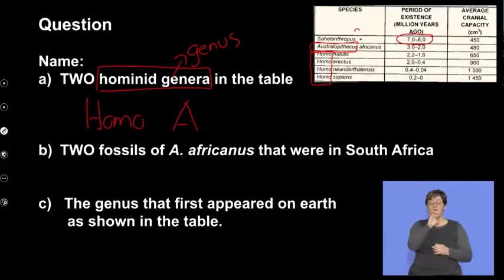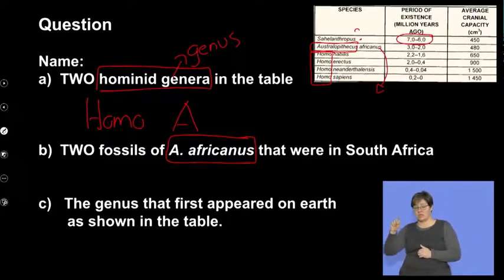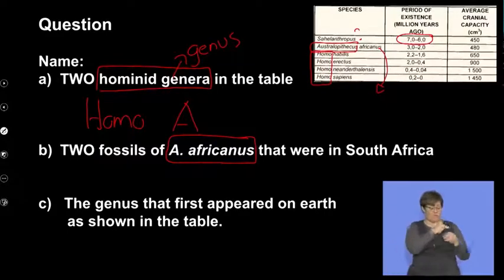Now, two fossils of Australopithecus africanus. Now, guys, you're going to have to remember over here, there are Africanus and there are Afarensis. Now, the Africanus ones, there are three that you could choose from. As I said, they were all found here in South Africa.